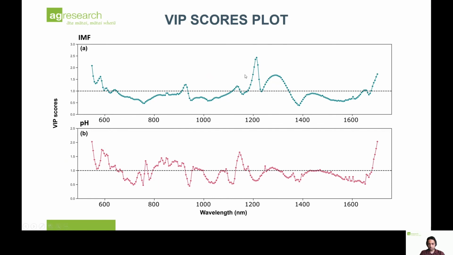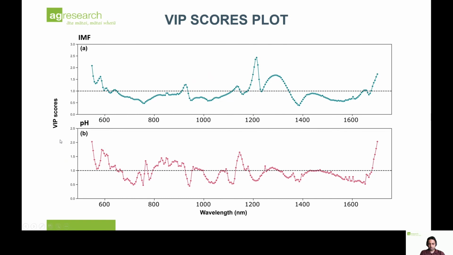So this portion is related to fat itself. Also, if you look at this peak around 927 nanometers, related to CH third overtone, also related to fat, which tells us that the models were able to capture the fundamental properties or fundamental bands related to IMF.